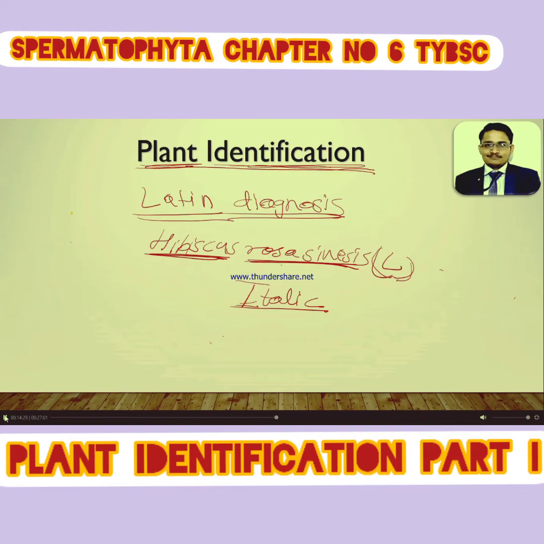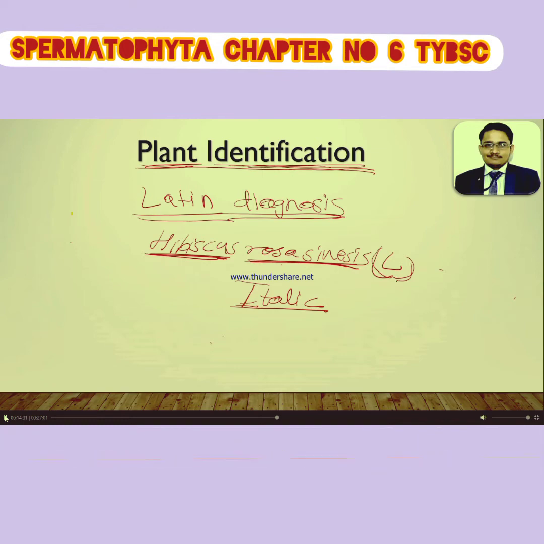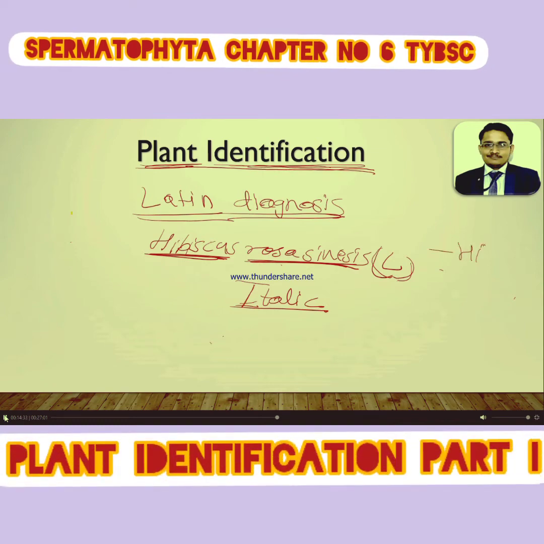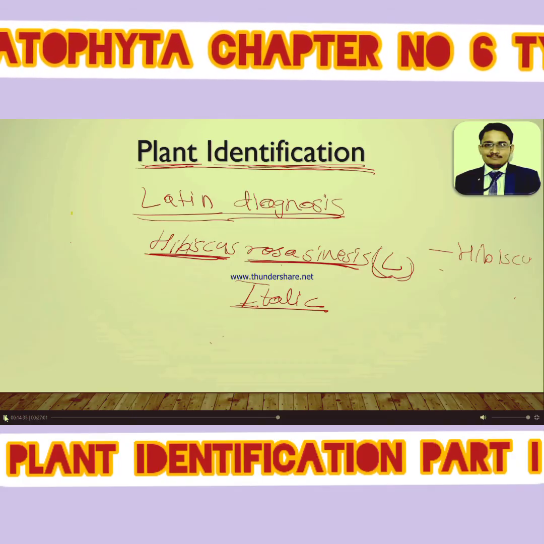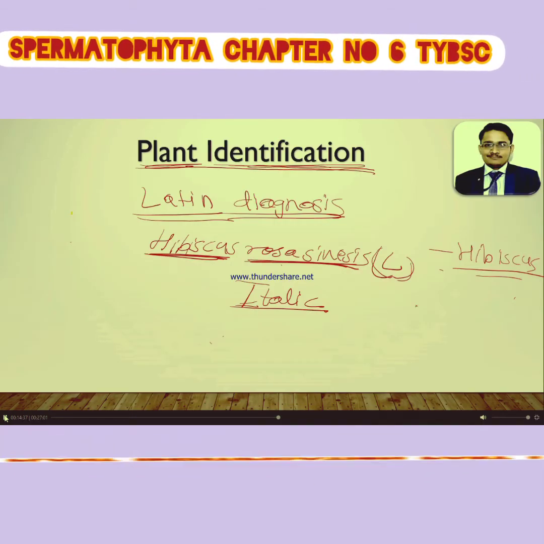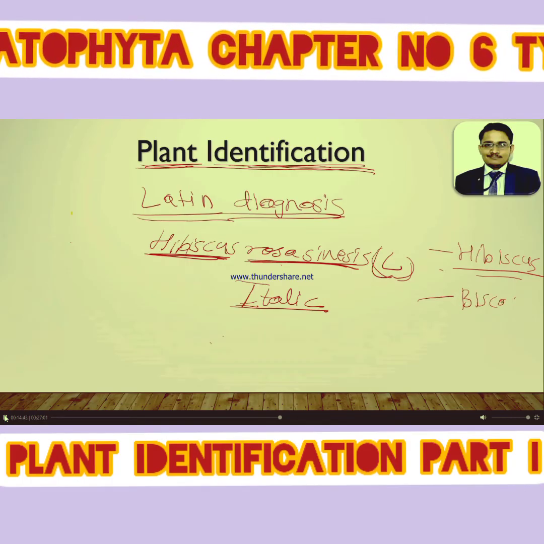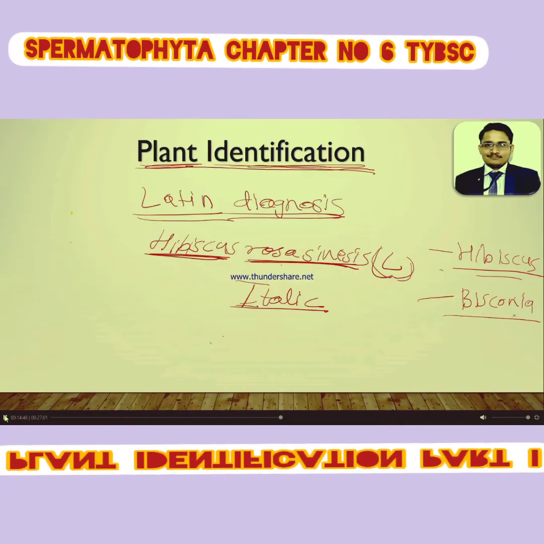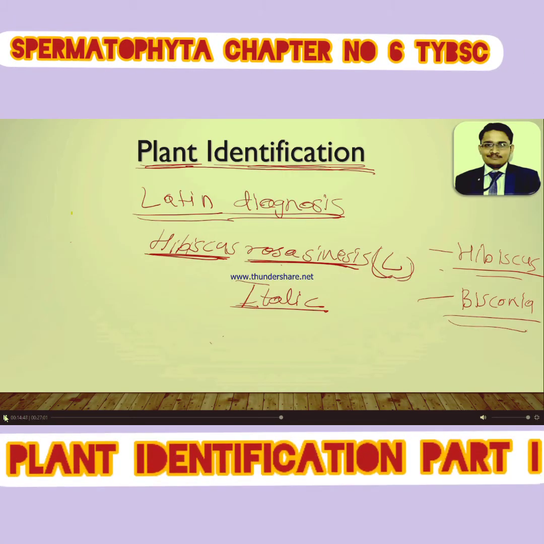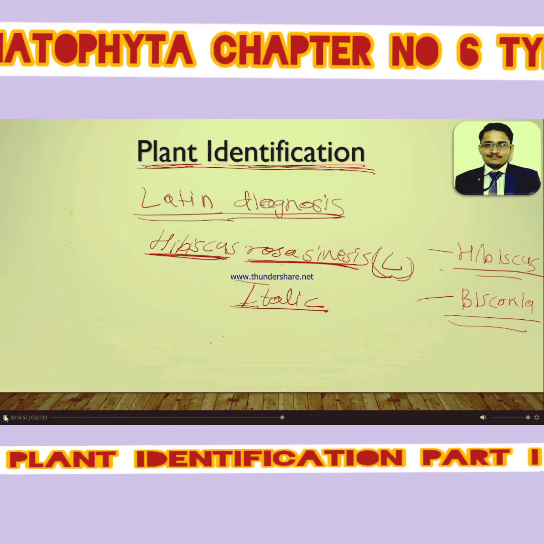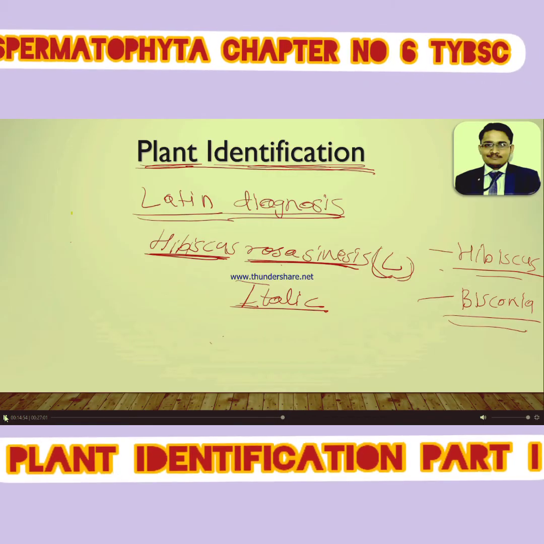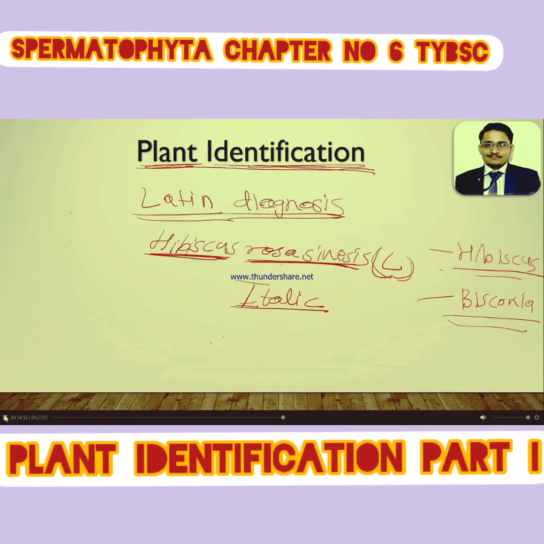For example, one plant in India is known as hibiscus, and one plant in Australia is known as Bisconia. But when these two scientists meet or communicate with each other and see these two names, one plant having two names, they get confused.